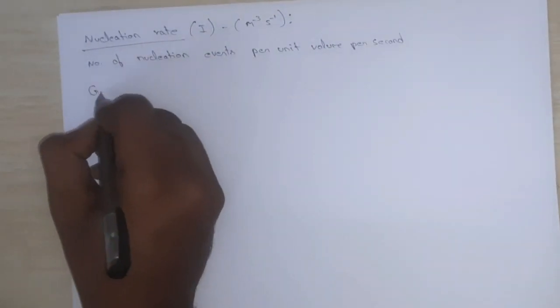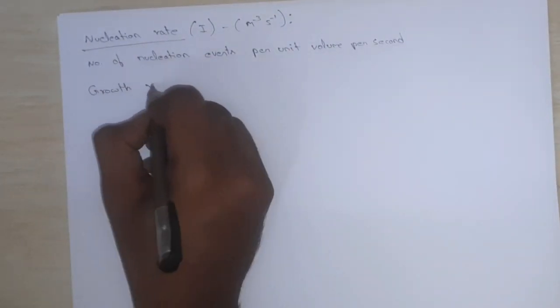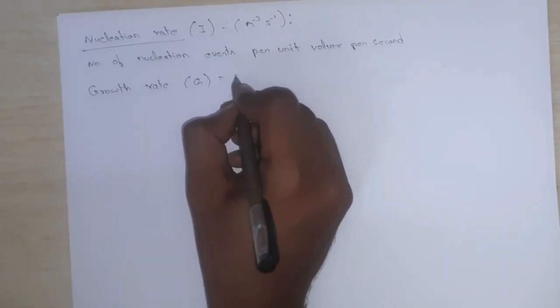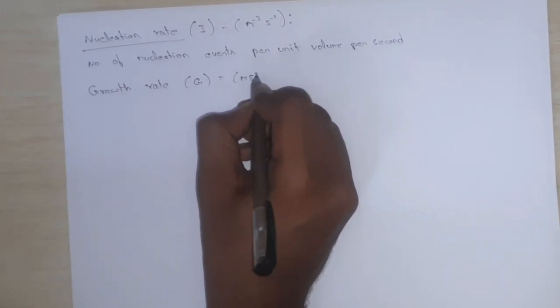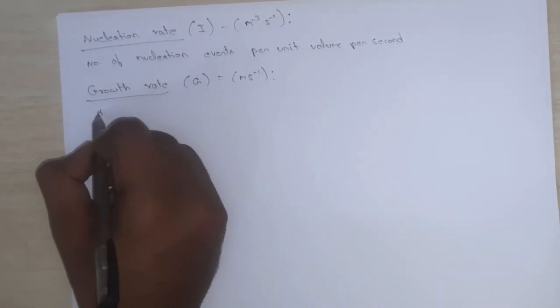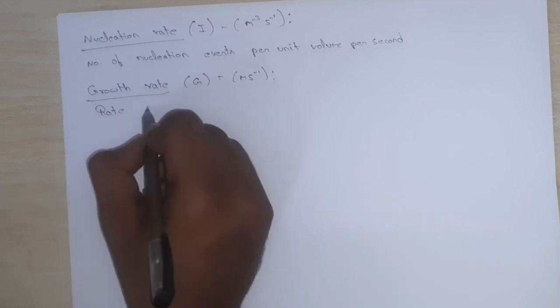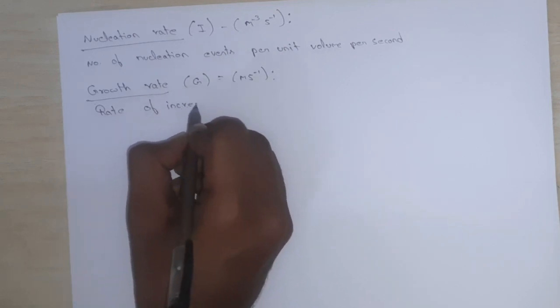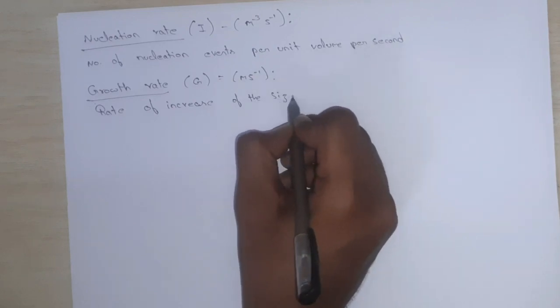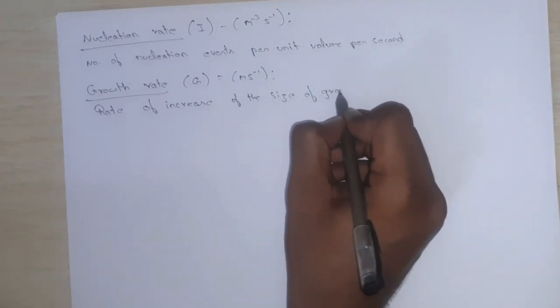And there is a growth rate, which is represented by capital G, and the unit is meter per second. Growth rate is defined as the rate of increase of the size of a growing particle.